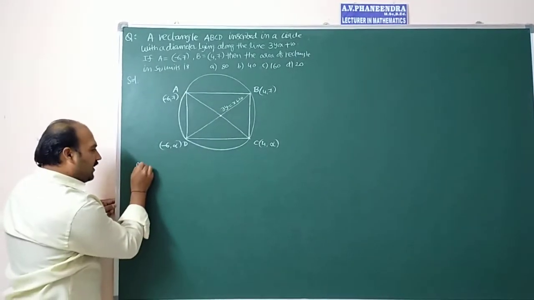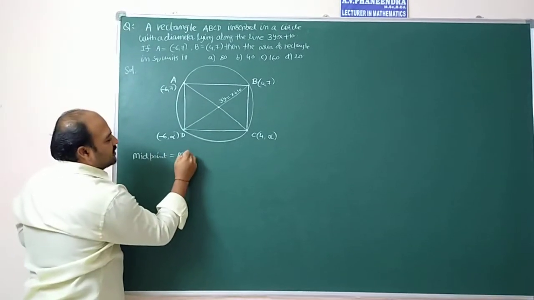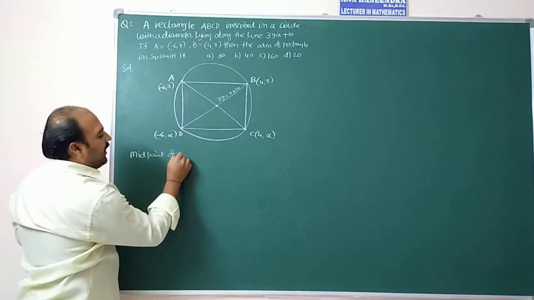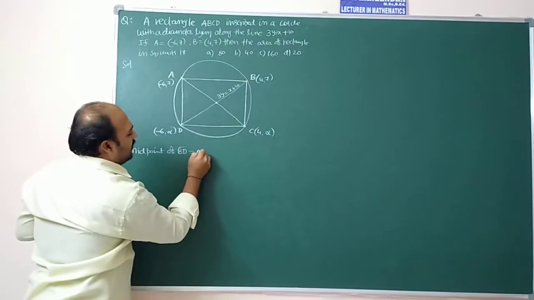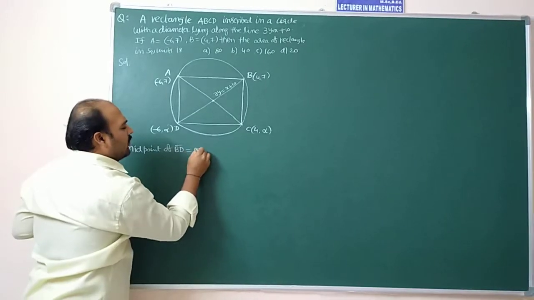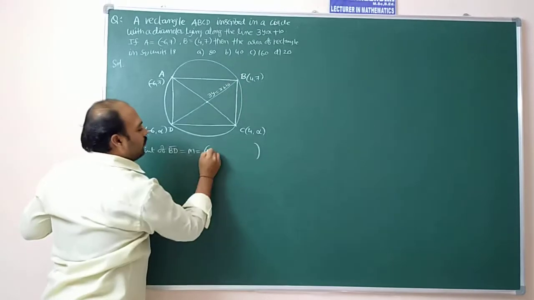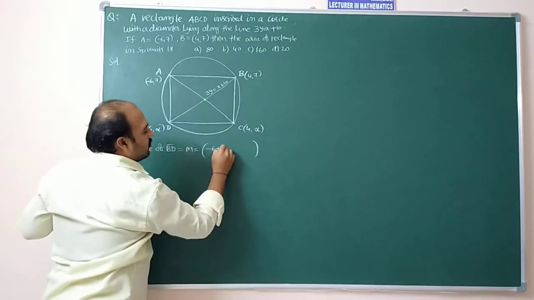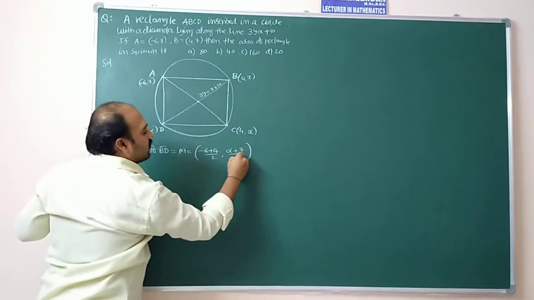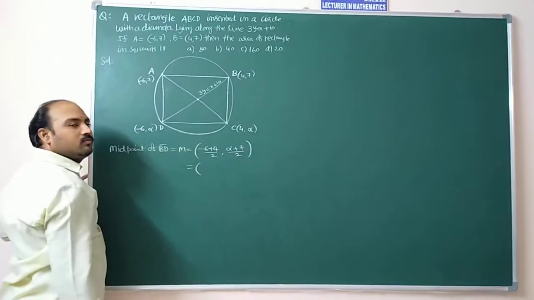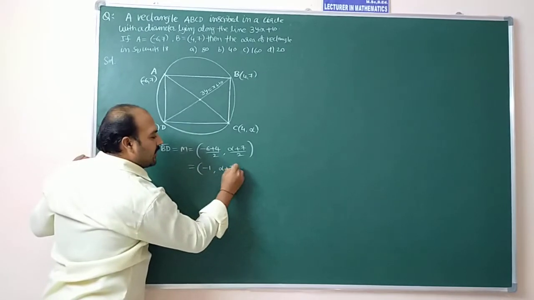So the midpoint M of BD, we can take only one. M = ((-6 + 4)/2, (alpha + 7)/2), which is equal to (-2/2, (alpha + 7)/2) = (-1, (alpha + 7)/2).